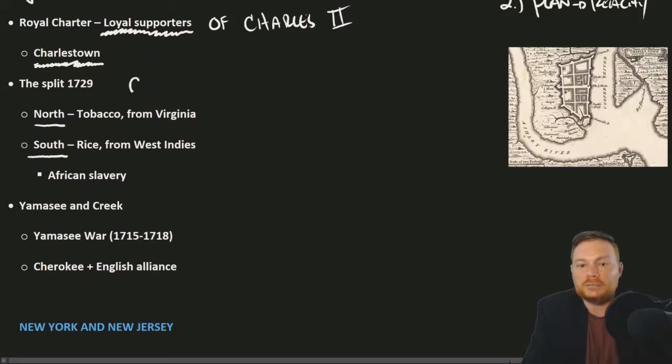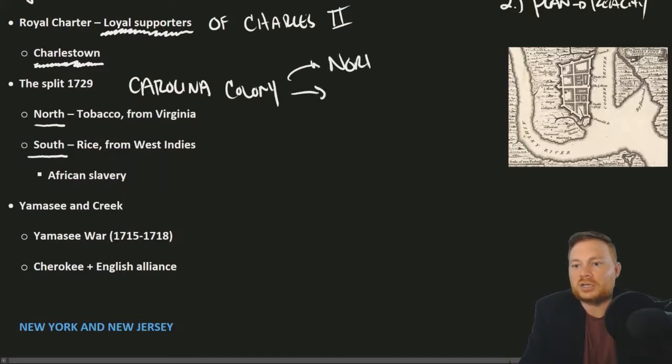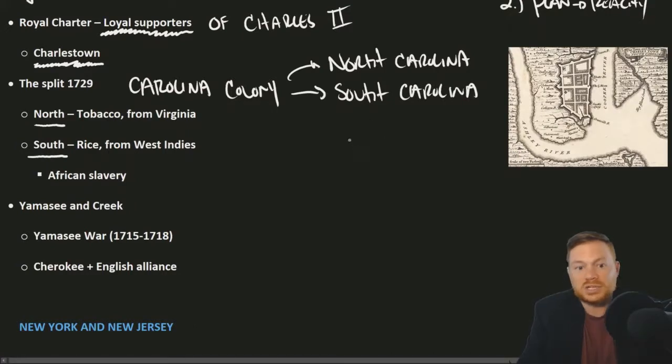So initially, there was just one Carolina colony, and then it split into 2, right? So then there was the creation of North Carolina and the creation of South Carolina. Now, North Carolina got many of their migrants from other Chesapeake colonies or other colonies nearby.